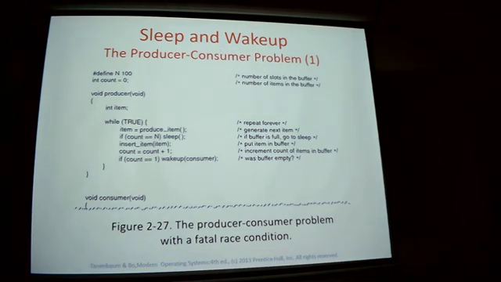So there are two roles: producer and consumer. The producer produces items and the consumer fetches items, about items in the buffer. Maybe you can spend some minutes on this program.